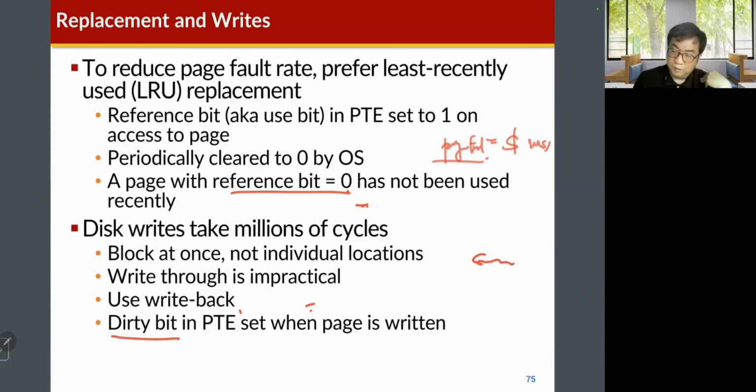So if the data is updated to the target pages in main memory, then we can check the dirty bit in the page table entry. Then we can check if the target page is updated or not. Okay.